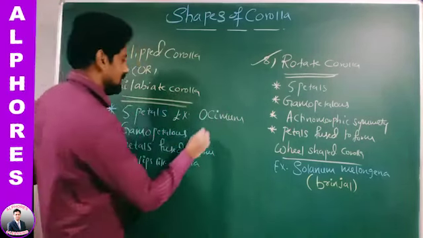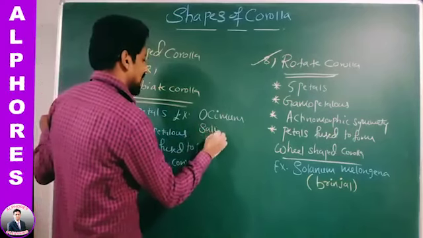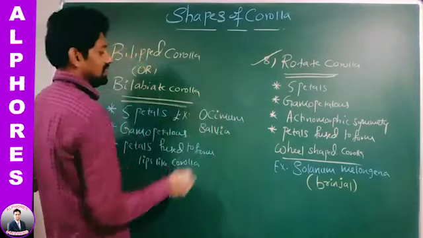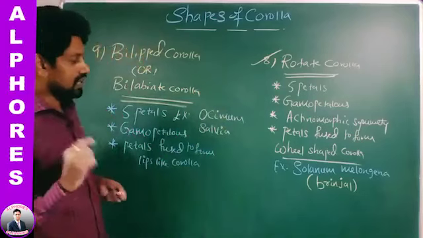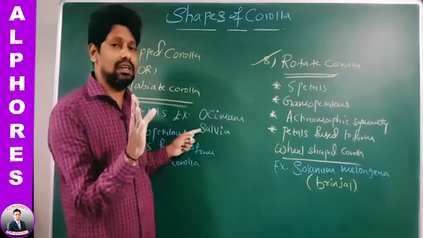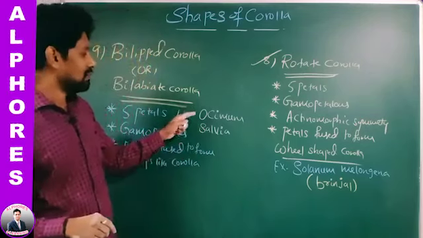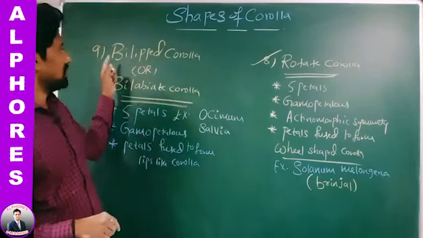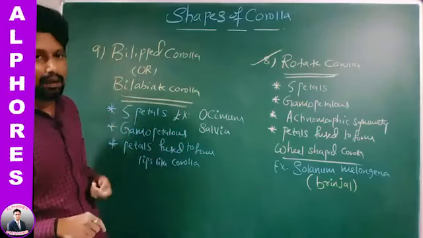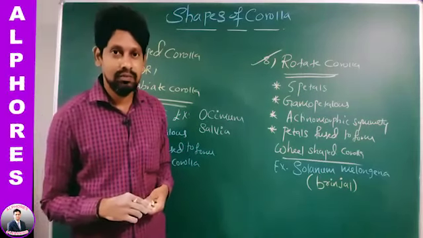The second one is Salvia. Be careful, this is not Salvinia, it's Salvia. Therefore, Ocimum and Salvia are examples for bilipped or bilabiate corolla.